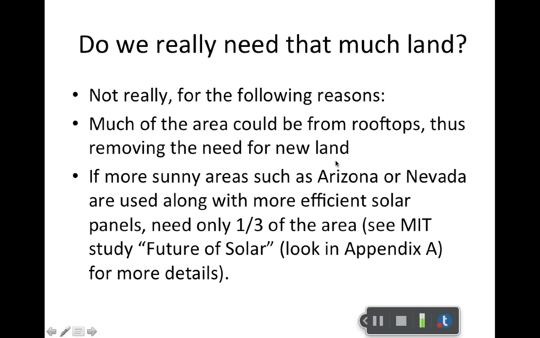And also, if you remember the 15 watts per square meter, that was based on a lot of assumptions. That was the average. If you put it in an area like Arizona or Nevada, where there is above average solar energy coming in, and you also use more efficient solar panels, which will definitely be there in the future, then you can reduce it much further.